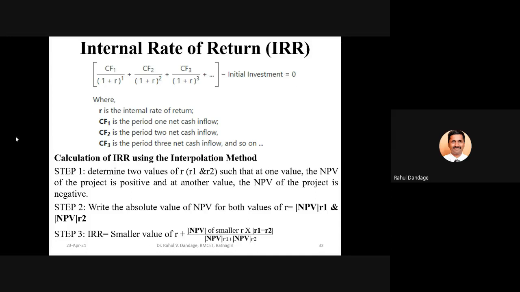Here there will be no approximation. You will directly get the value of IRR using this formula.